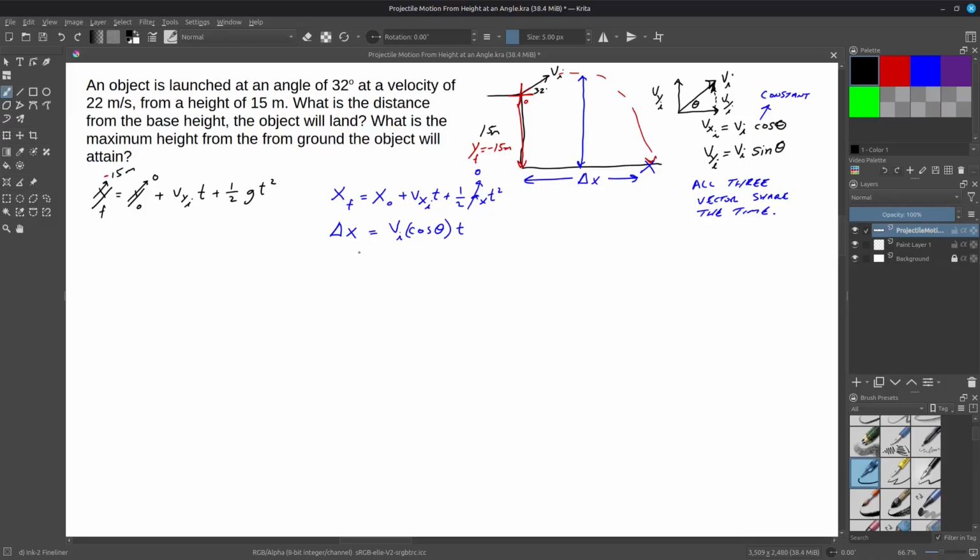But we know the distance going downward, and we don't know the time, but we can solve for time. It's a quadratic equation. So let's set this up. So we're going to have 0 equals 1/2 gt squared plus v initial sine theta t minus y final. Okay, now let's put in some values.